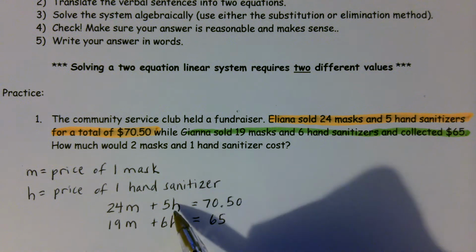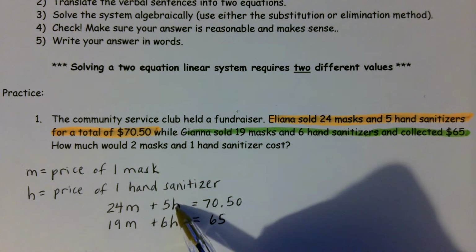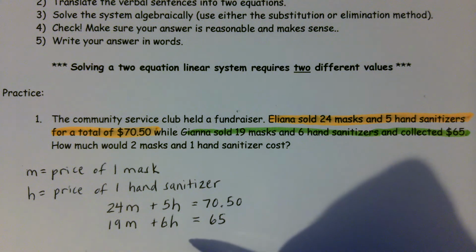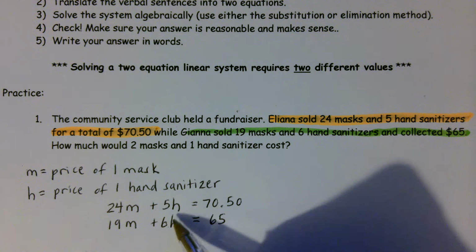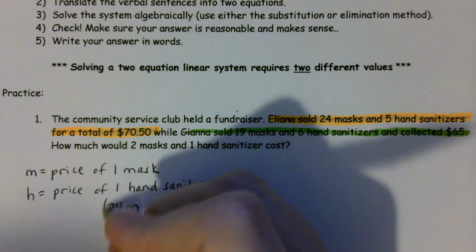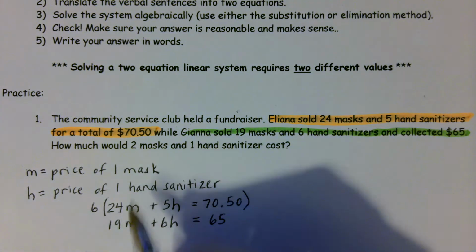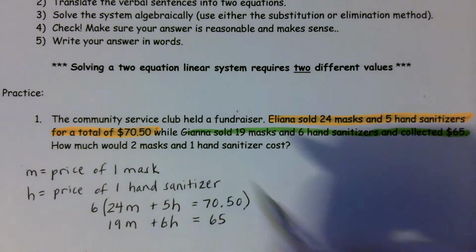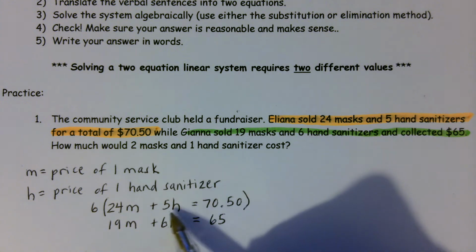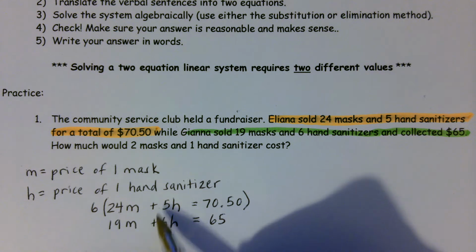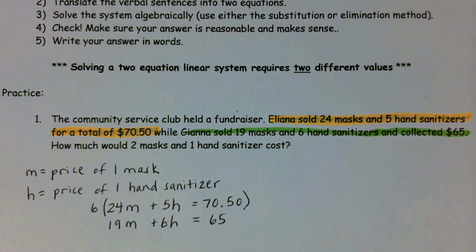So I'm going to look at 5H and 6H and say, what's my least common multiple of this? 5 and 6 both go into 30. So to change 5H, I'm going to multiply by 6. Well, before I do that, I realize that I have a plus and a plus. A zero pair requires that I have different signs.